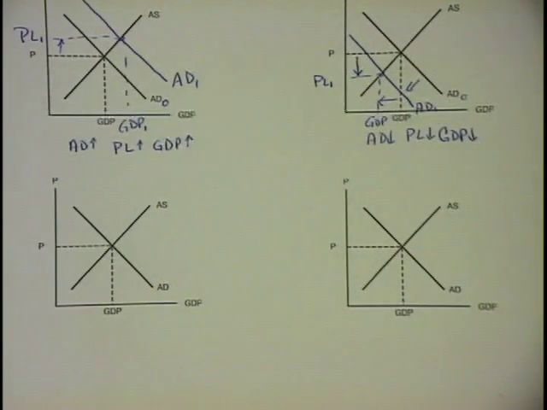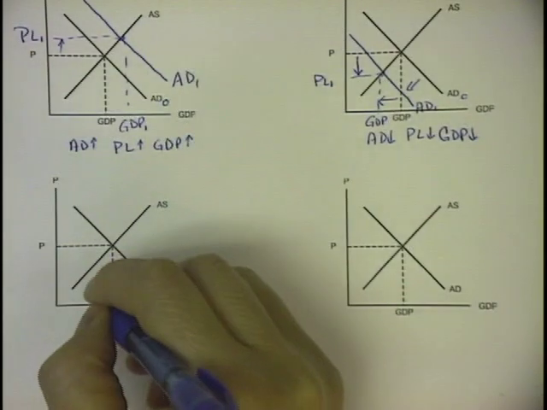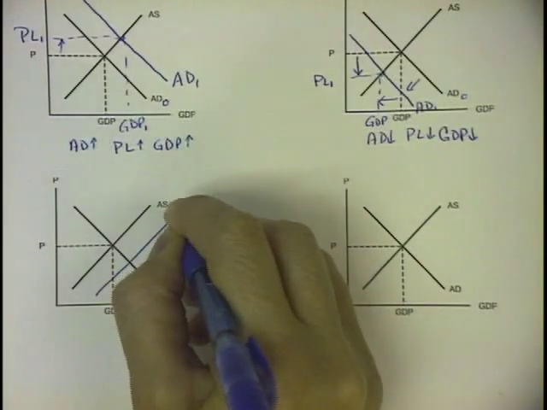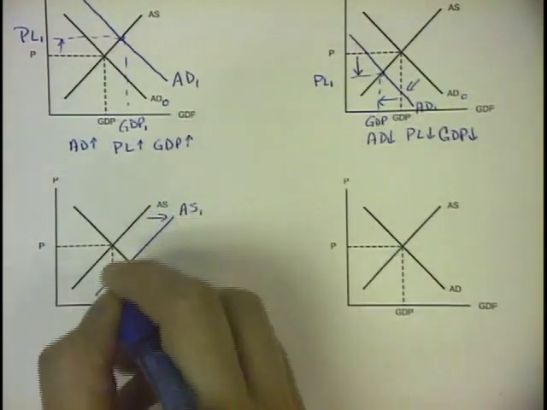Now on aggregate supply, if we have changes in say technology or the amount of capital, let's say immigration increases, and that's going to increase the amount that we are able to produce, or let's say technology improves. So our aggregate supply would shift to the right.